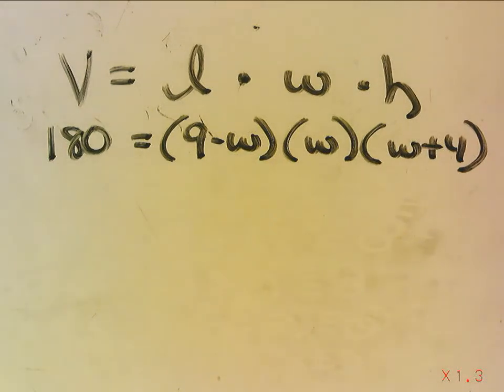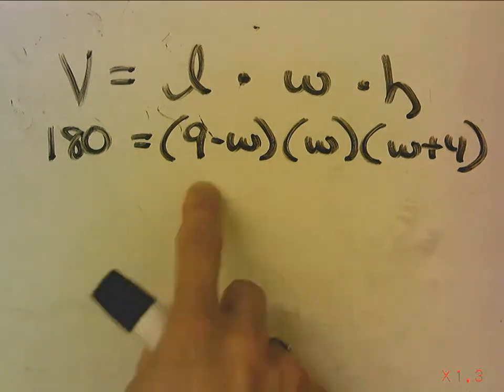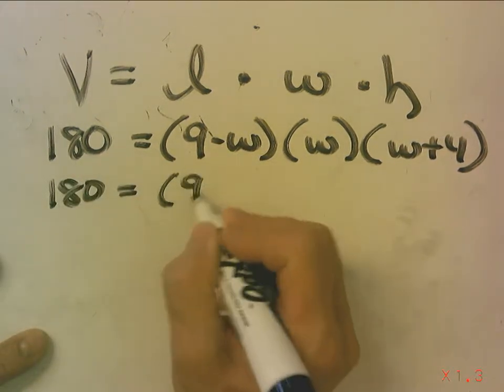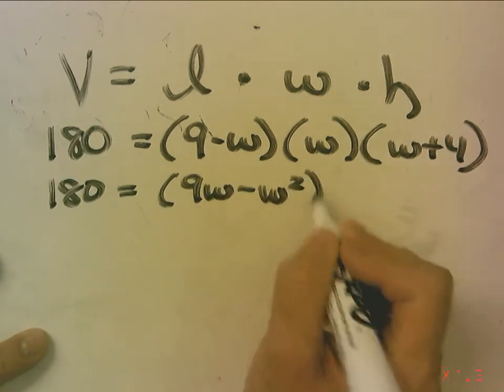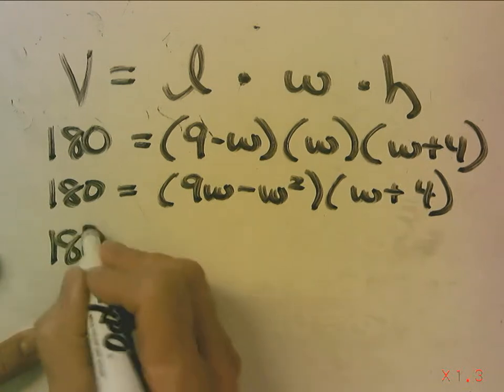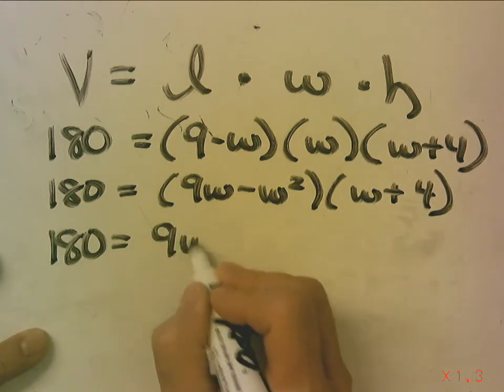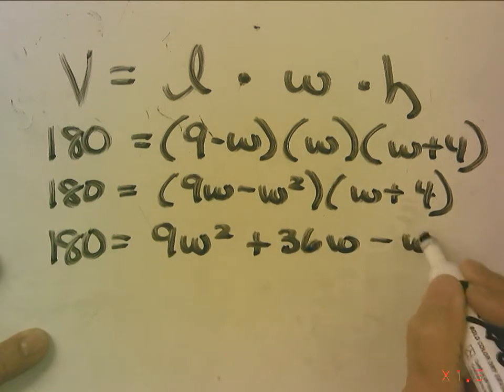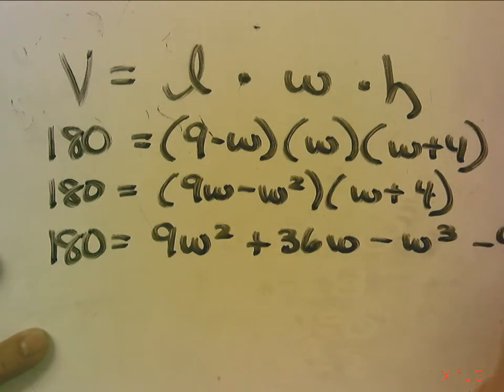Okay? So now, all I have to do is multiply this. So 180 equals 9w minus w squared. And now I FOIL. And I get 9w squared plus 36w minus w cubed minus 4w squared.